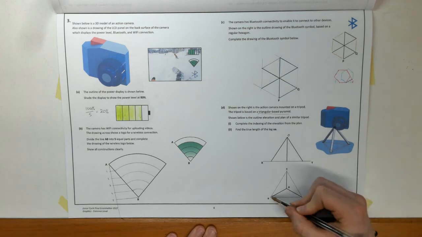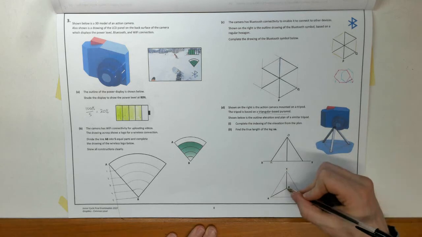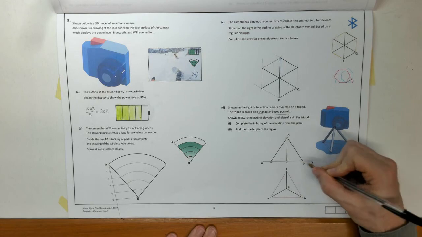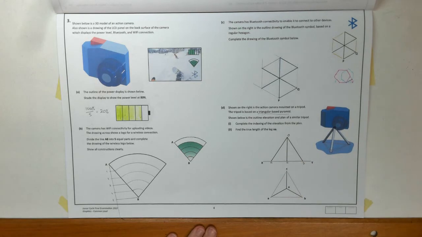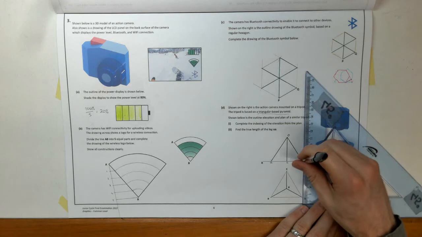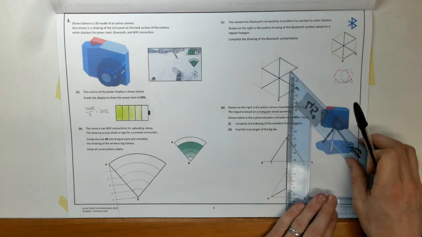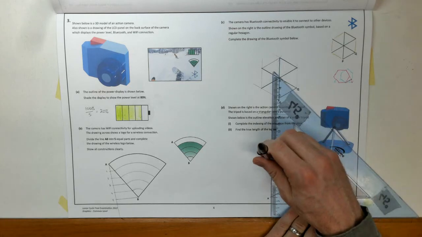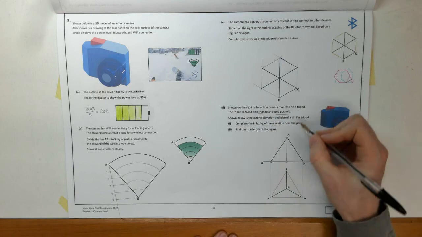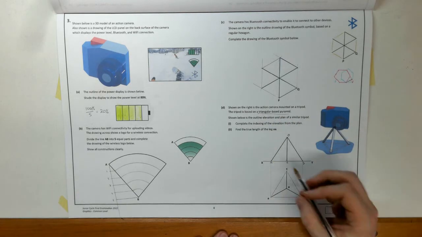So A is on the XY, C is on the XY, and B is on the XY. Right? And just to show the projections of those, I can show B and B, they're the same point. C and O project up there, and A projects up there. Okay? So there's my indexing. I've got 1, 2, 3, 4 points, 1, 2, 3, 4 points.